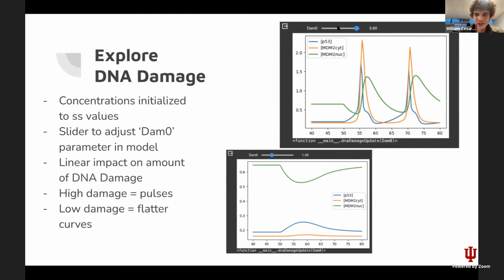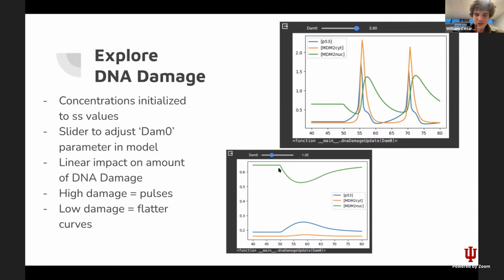So I essentially created a slider that, in presentation mode, you can't really see in action, but here I made the slider maximum value around 4, where the first pulsations come. So there are 2 pulses here, and this correlated to high damage. I identified a parameter within the model that linearly influenced the amount of DNA damage, and I'm just increasing or decreasing it.